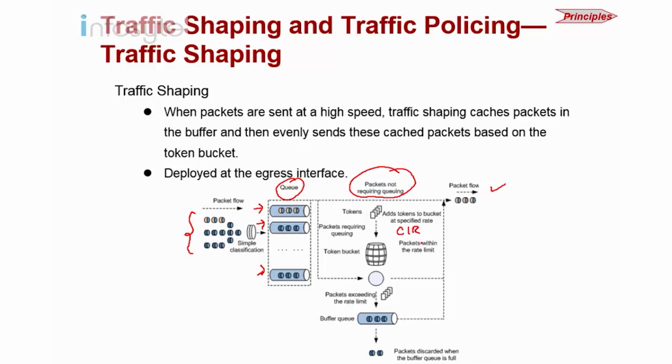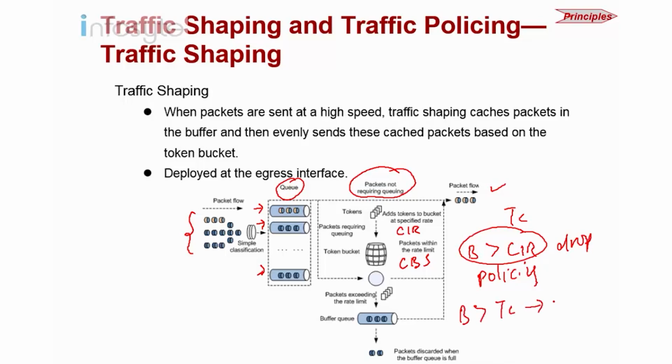Again, we also have the CIR and the CBS. Assuming that in your interface you do not have enough bandwidth because your B is more than your CIR. Typically under policing, if you have this B more than your TC, it will get dropped. But under shaping, if B is more than the TC, it will get into the buffer, or in this case a cache.